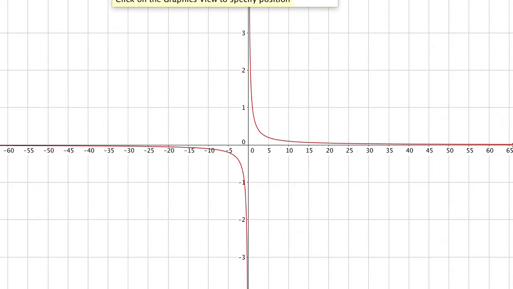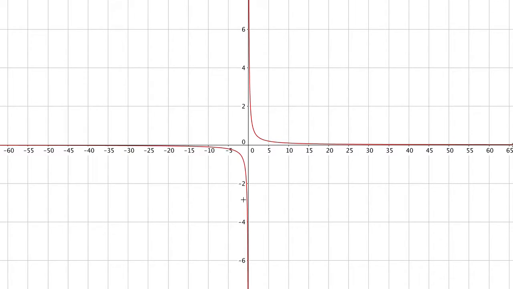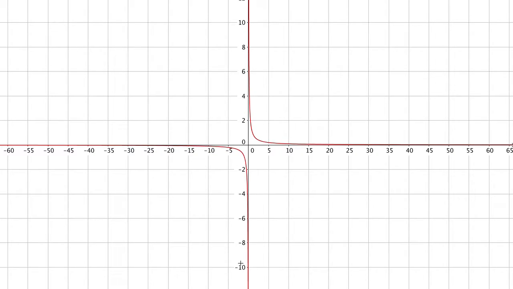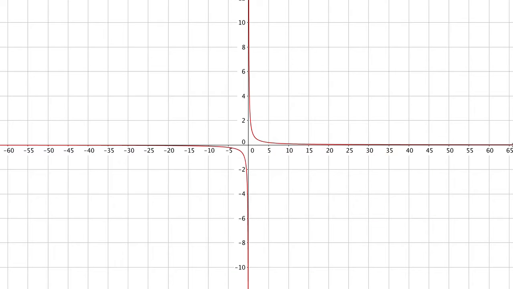If I were to zoom out vertically, you can see it doesn't matter how far down I consider, the curve is going down there. Okay? So the limit as I approach 0 from the left of 1 over x will be negative infinity. And, for the same reason, as I approach from the right, I'm approaching positive infinity.